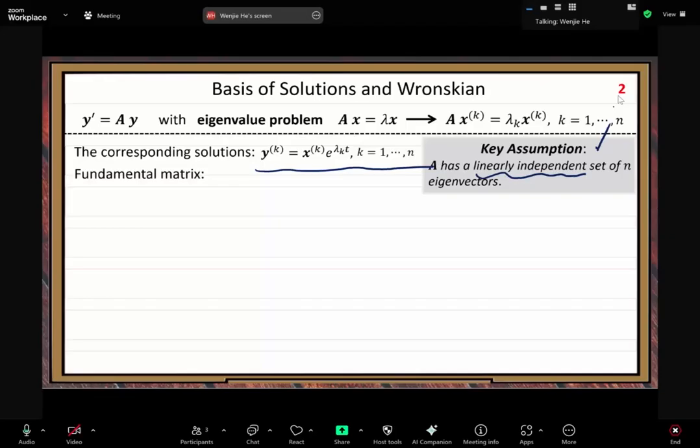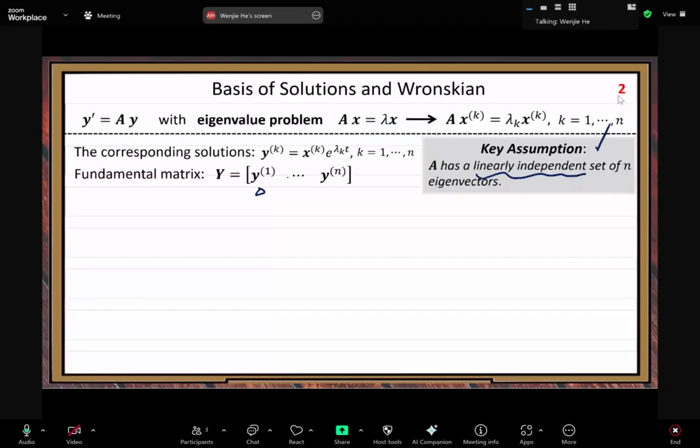Fundamental matrix. We defined this concept before. With these n linearly independent vectors, the basis functions, we put them together. It's an n by n matrix, and we call it a fundamental matrix. Y sub 1, the first solution, is a column vector.